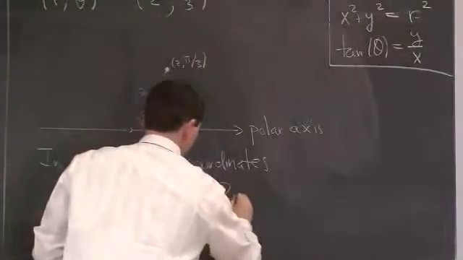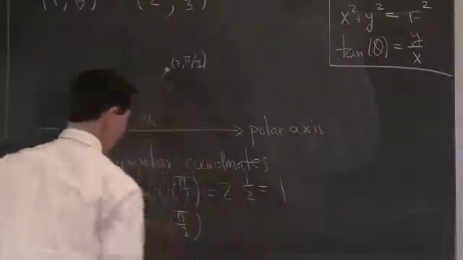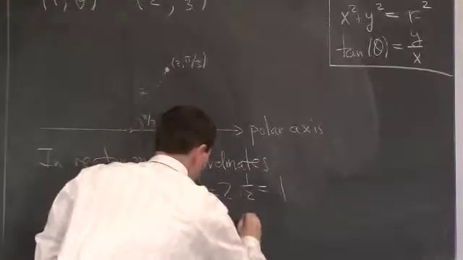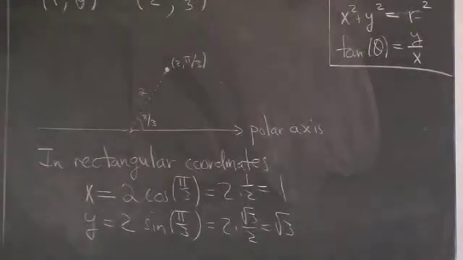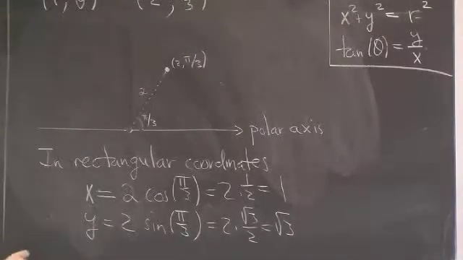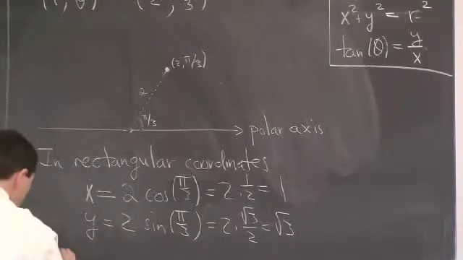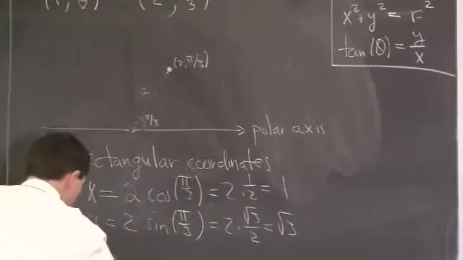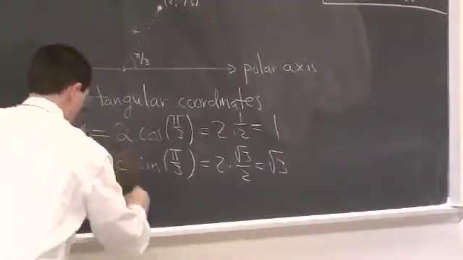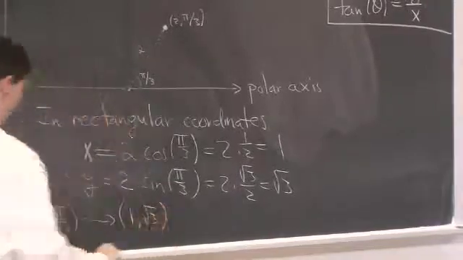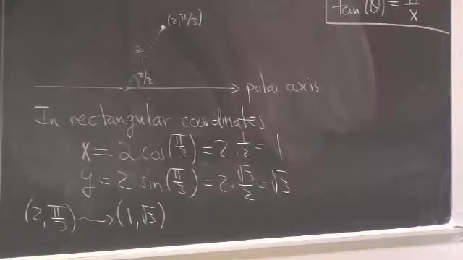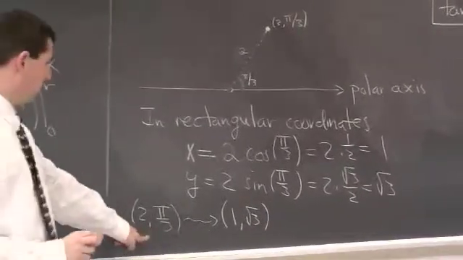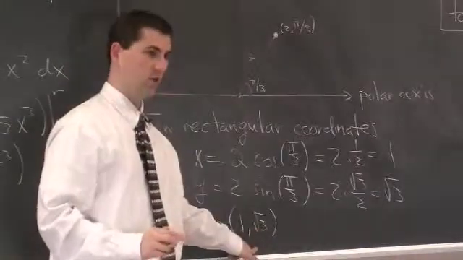So this is 2 times a half, which is 1, and this is 2 times root 3 over 2, which is root 3. So in rectangular coordinates, 2 comma pi over 3 becomes 1 comma root 3. So this is the polar coordinate. This is the rectangular or Cartesian coordinate.